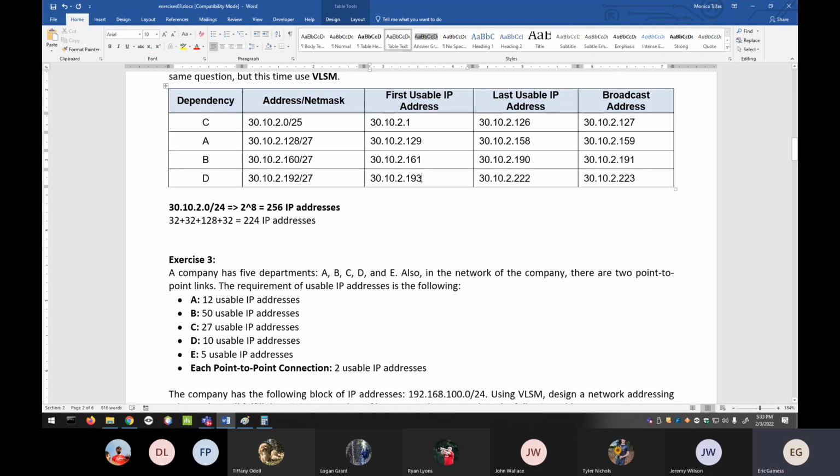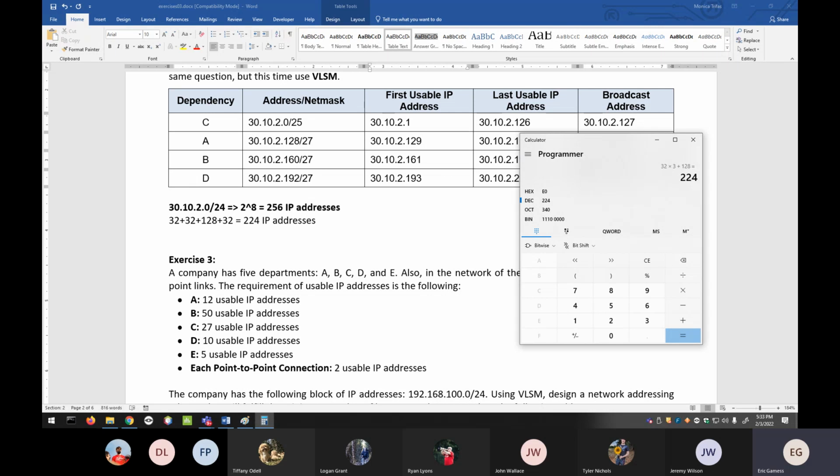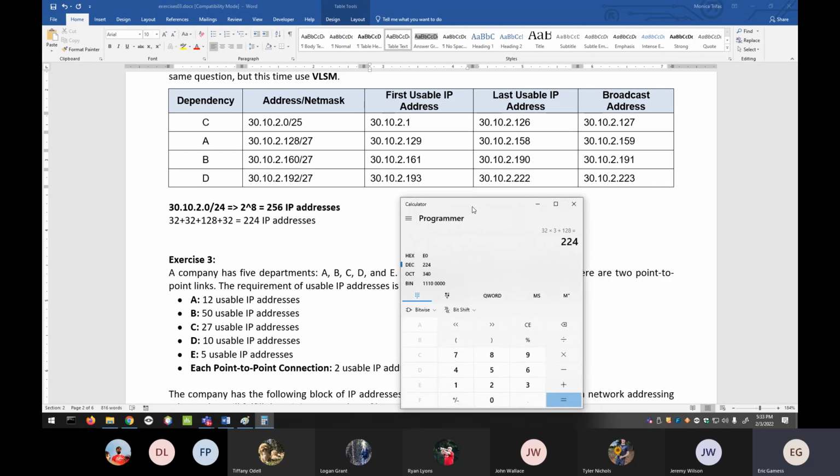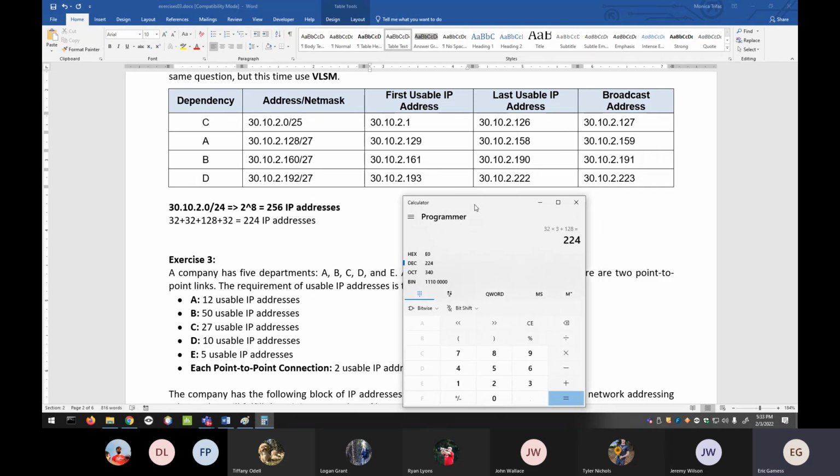So if we want to verify that here we have 32 IP addresses, what should we do? For example, in network D, I want to verify that we have 32 IP addresses. What should I do? I should do 223 minus 192 plus 1. That tells me you have a total of 32 IP addresses.